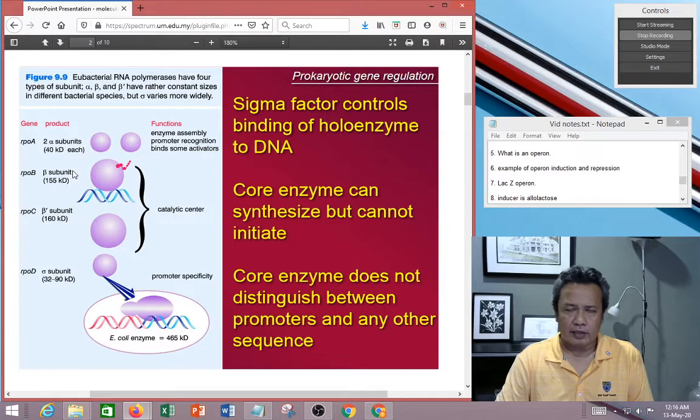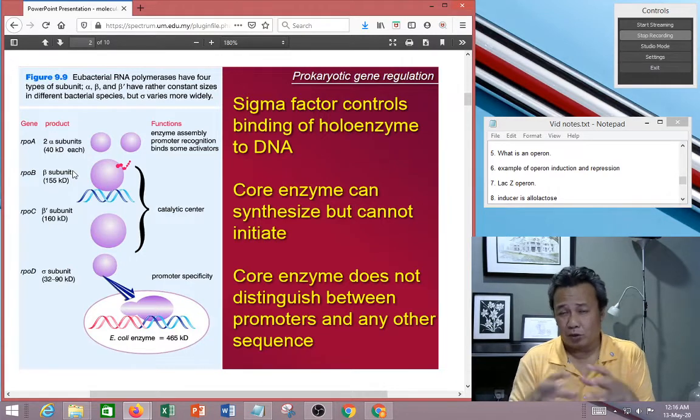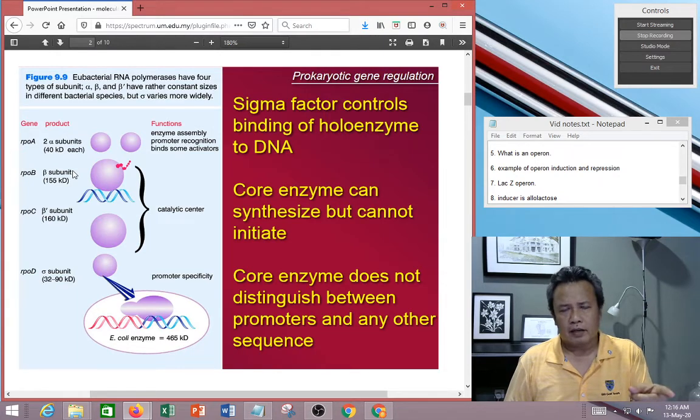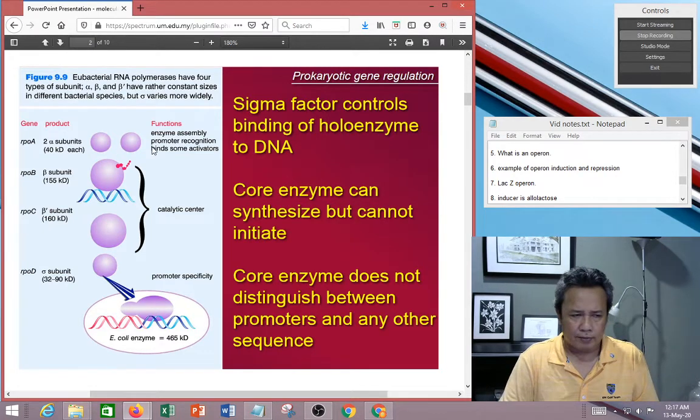I didn't actually mention the structure of the polymerase: alpha, beta, beta prime. In replication you have a DNA polymerase, the helicase, the gyrase, the primase. These are all different molecules that work together. So in transcription, the RNA polymerase itself is also made up of different subunits. You have 2 alpha subunits, the beta subunit, and the beta prime.